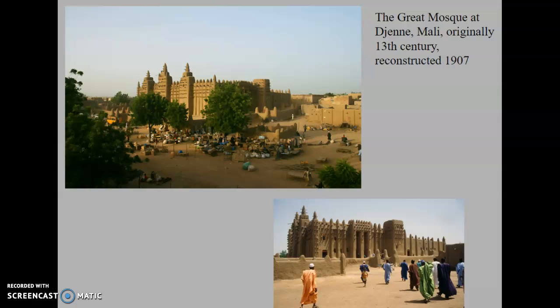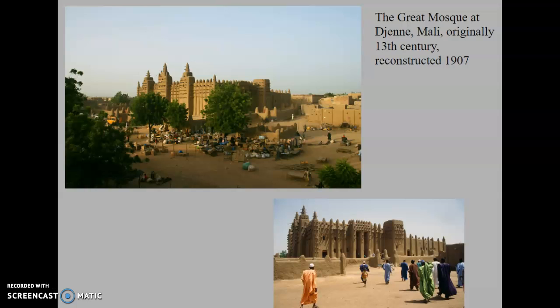This example from the modern country of Mali shows a combination of native architectural building materials and styles with the desire to have a large religious building. This particular mosque is now widely regarded as an architectural wonder of the world, but its history is much more checkered.